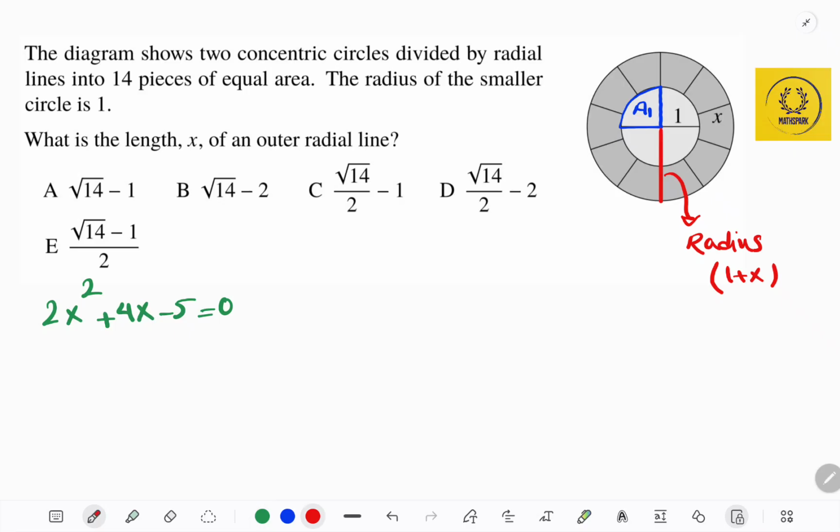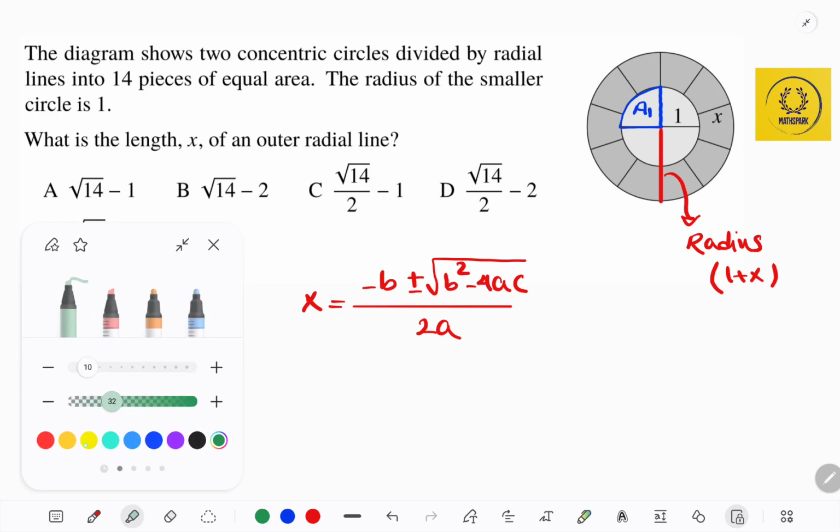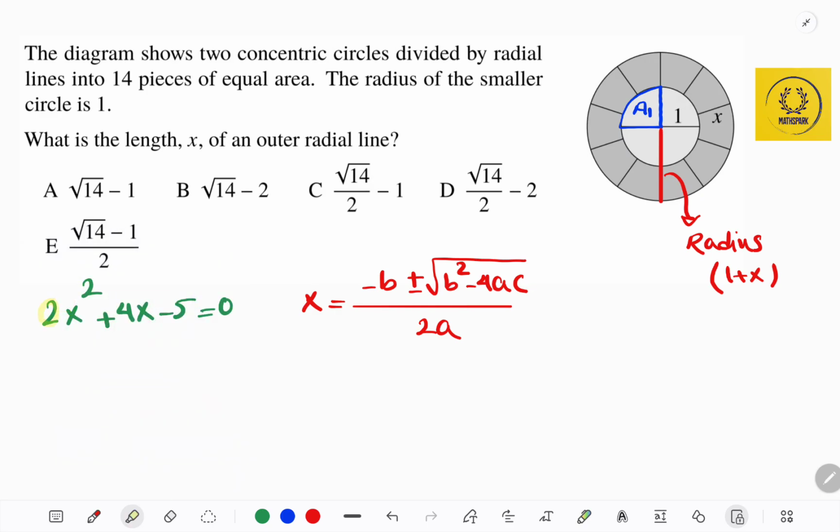Okay, and we know that the quadratic formula is x equals negative b, plus or minus the square root of b squared minus 4ac, over 2a. Let me show you: the coefficient of x squared is a, the coefficient of x is b, and this constant is c. A, b, and c.